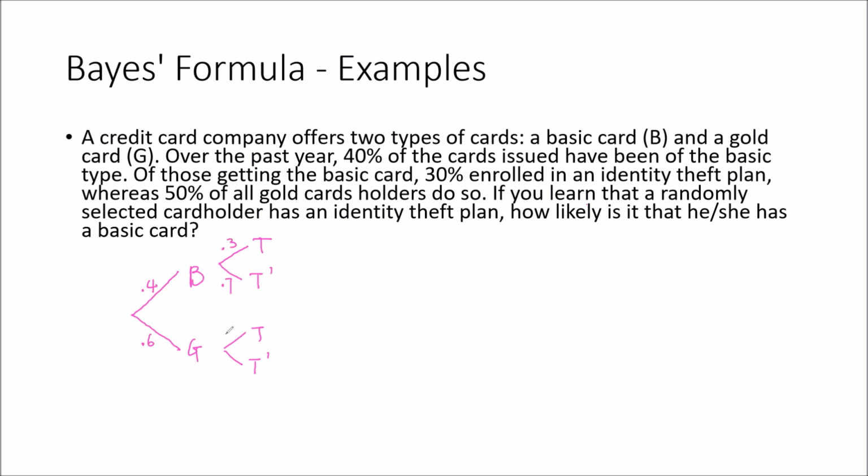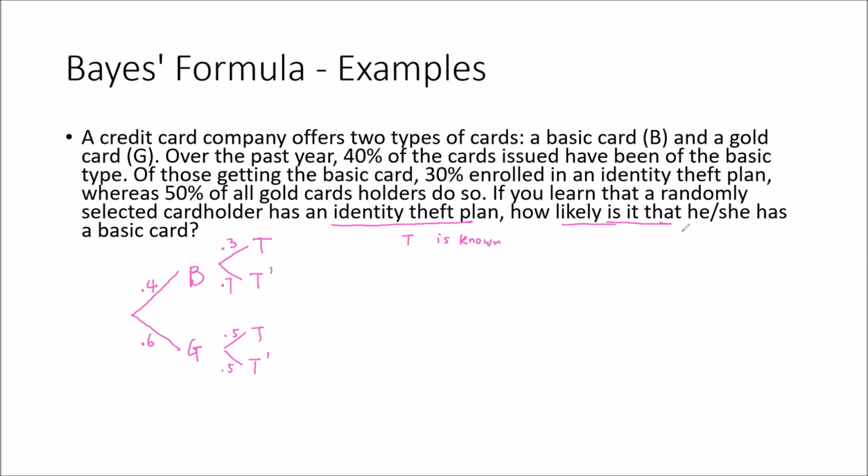Similarly, for gold card, you have a 0.5. And that's pretty straightforward. And now, what we're looking for, if you learn that a randomly selected card holder has an identity theft plan, so T is known. That will give us this probability.